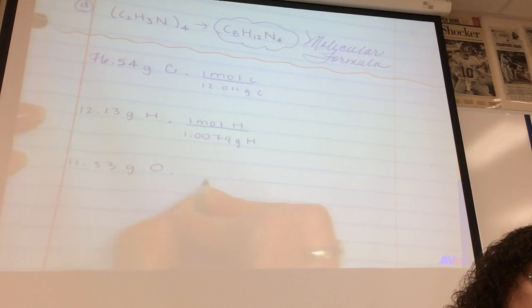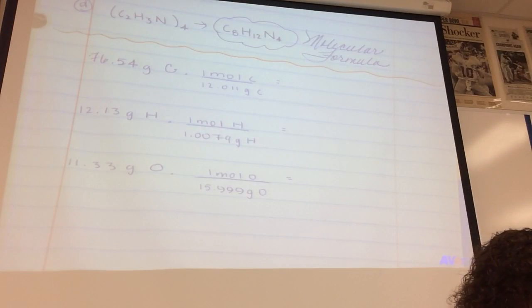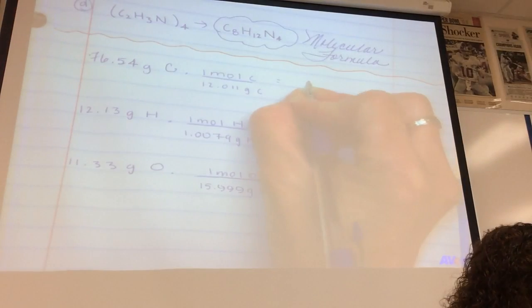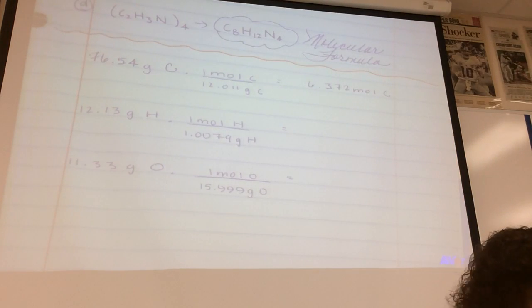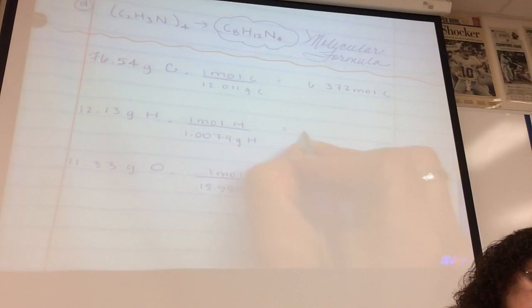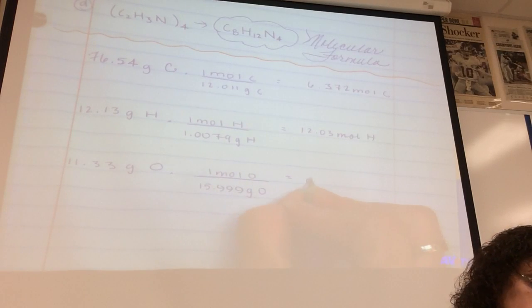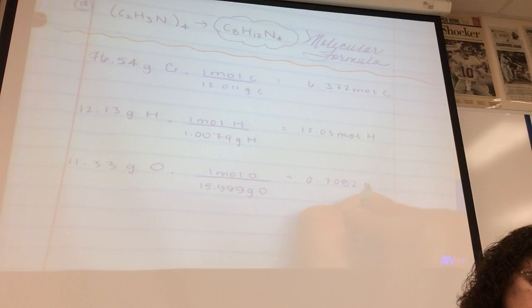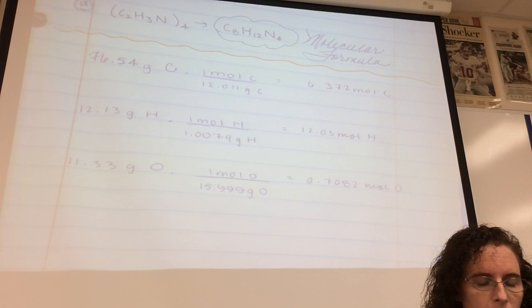First, you're going to convert grams to moles. So we get moles of everything, and you should be very comfortable with the mass to mole conversion at this stage of the game.